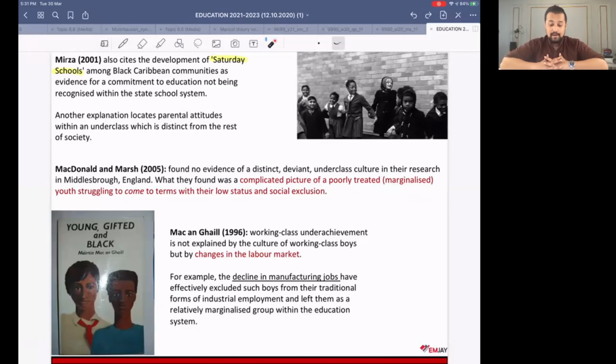I think all of this so far has helped. To remind you, the topic 6.2, if I'm not wrong, yeah, 6.2, social class and educational attainment. We're done with half of it, but it hasn't really come to an end yet.